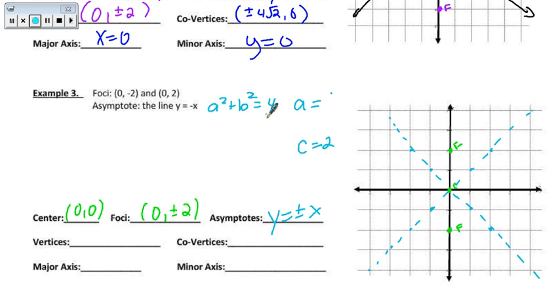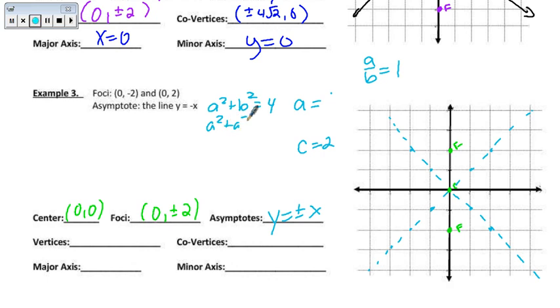Because I'm looking at this, it's a over b. So if I go up here, we definitely have a y squared hyperbola. So we're going up 1 over 1. So I do know that the slope is going to be a over b, and I do know that that slope is equal to 1. That means a and b have to be the same number. So I could replace this b with a.